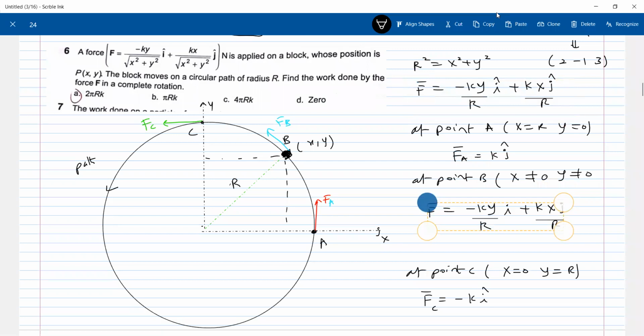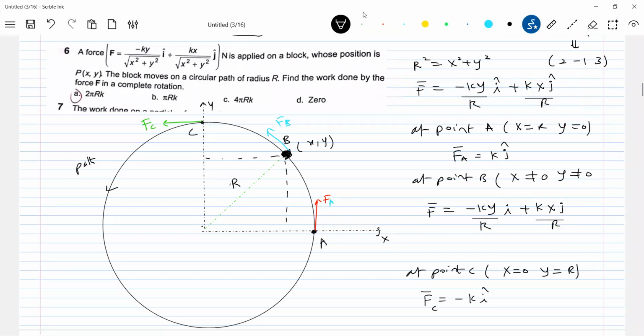This one only I should write at B. Now look at this. This is the force at B. Take the magnitude of this. How much will you get? Equal to k only. What is the magnitude of this? K. Look at this. Is it a constant or variable force?